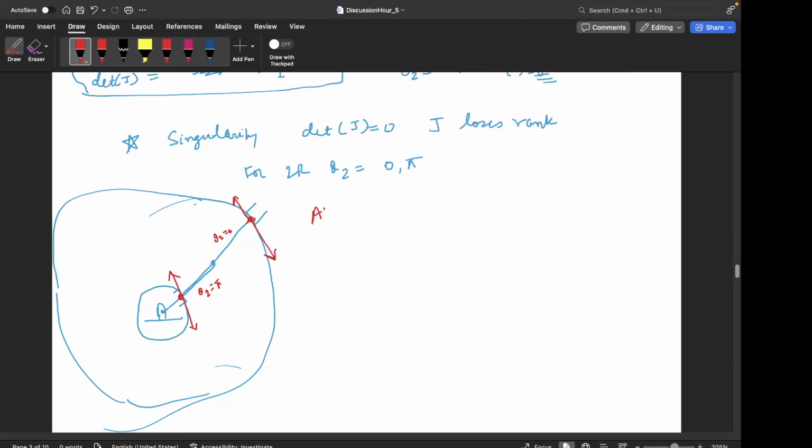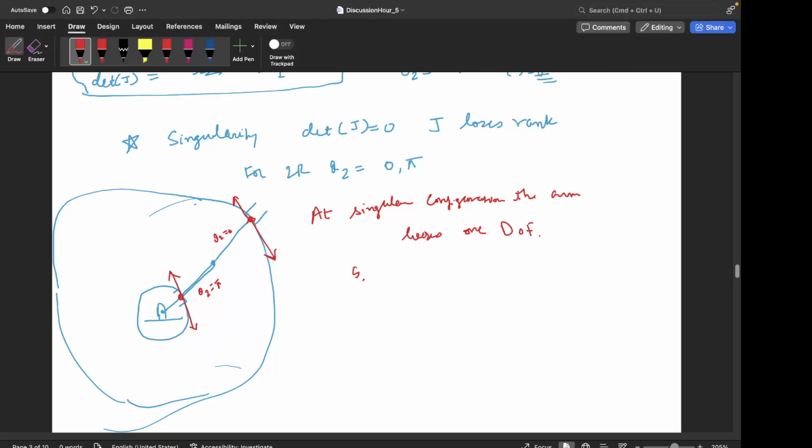So at a singular configuration, the arm loses 1 degree of freedom.